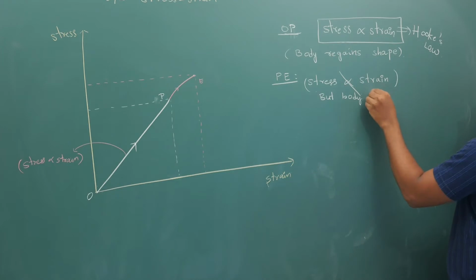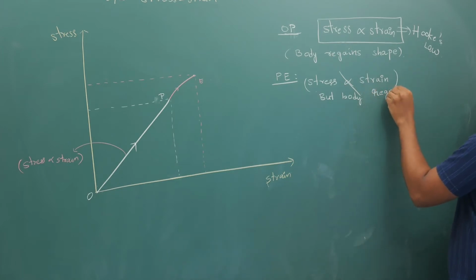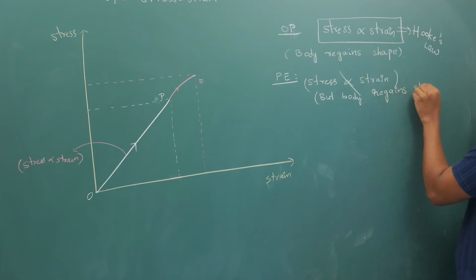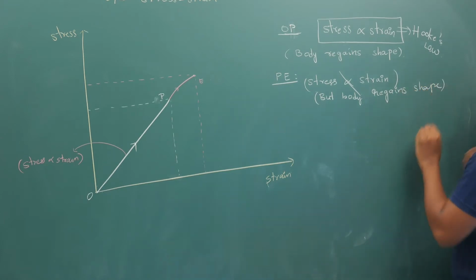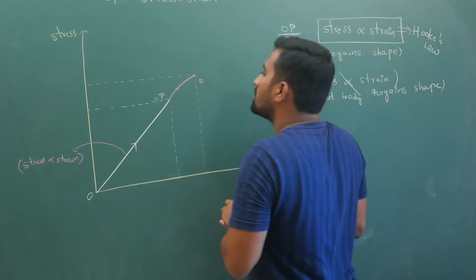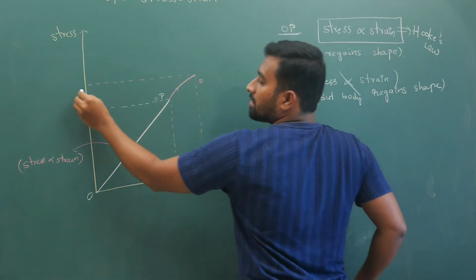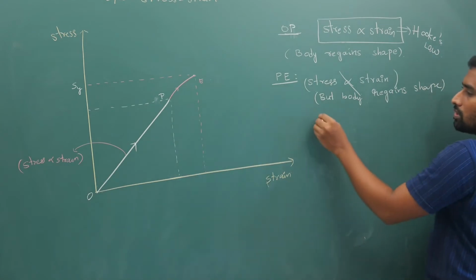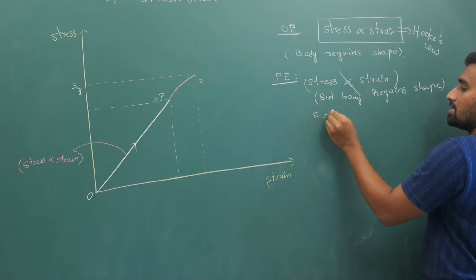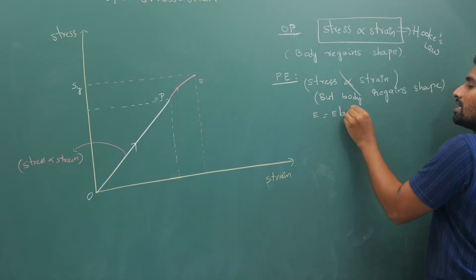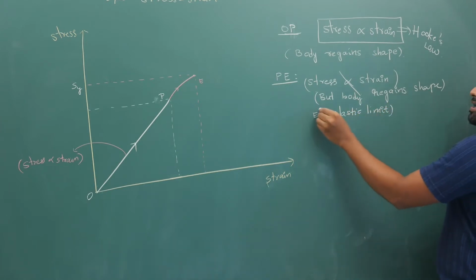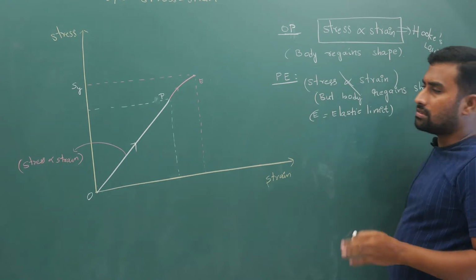Regaining shape is an elastic property. This point is called the elastic limit, and this stress is your elastic stress. So point E is your elastic limit. Beyond this, the body will not regain shape.